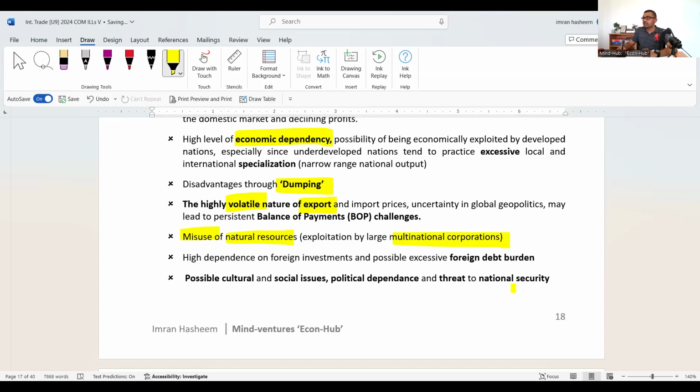Yes, there's a question. Dumping means trade malpractices, right? Kind of. The WTO, World Trade Organization, has a very strong policy against dumping, but it is not illegal in most countries, because in most countries there are no anti-dumping laws still.